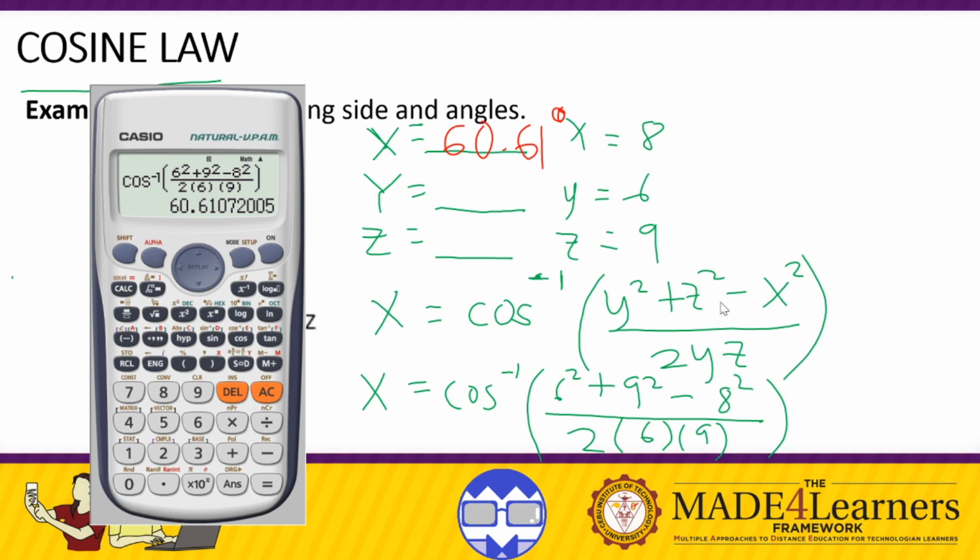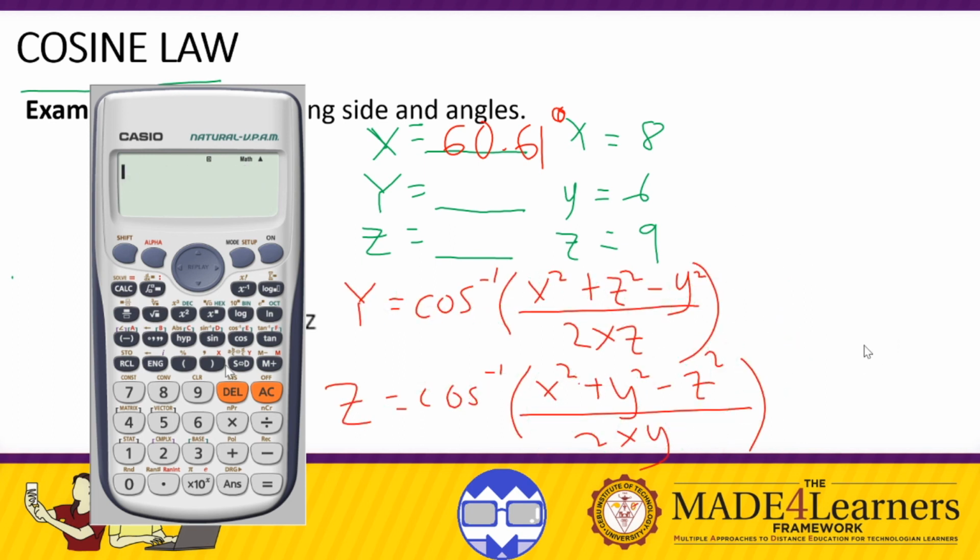Okay, so let's try to solve the other two. Okay, then shift arc cos. Okay, so x is 8. We have 8 squared plus z is 9 squared minus y, 6 squared all over twice of 8 times 9.